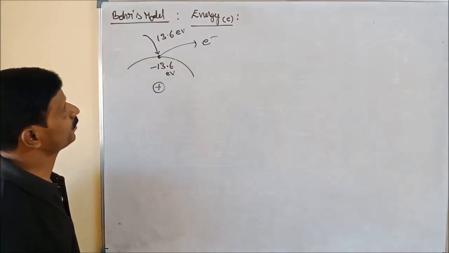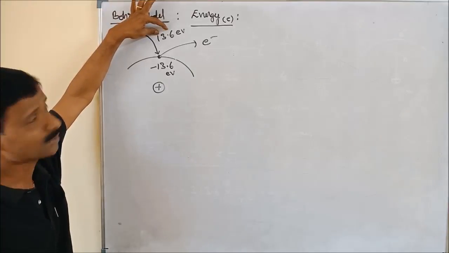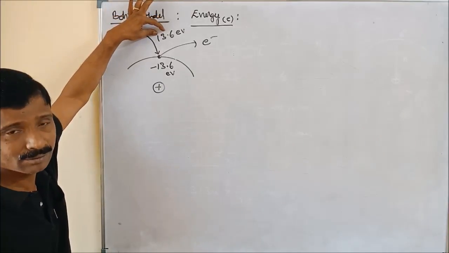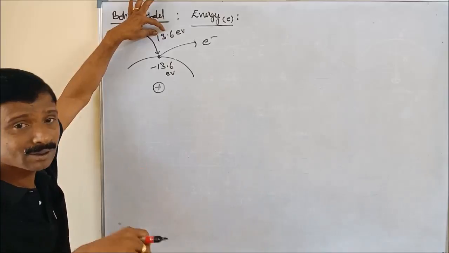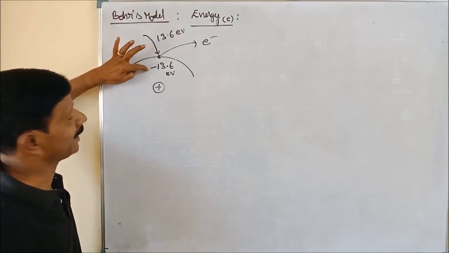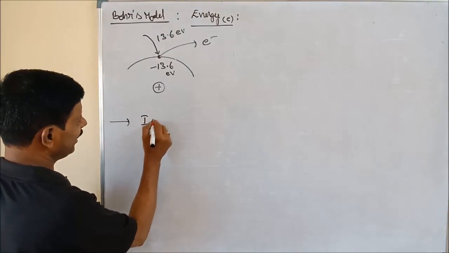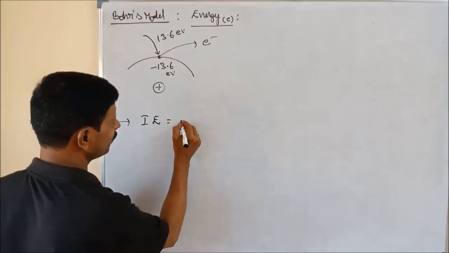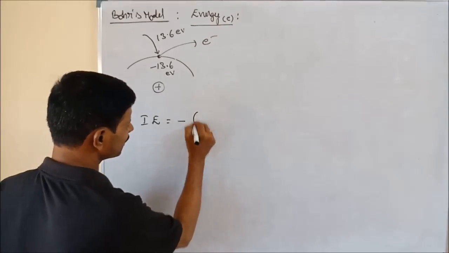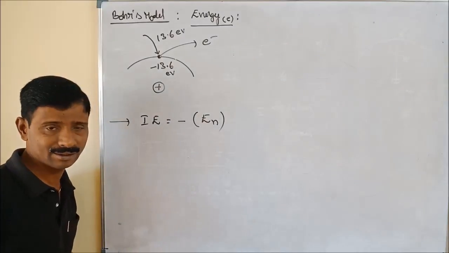So this is what we call ionization energy. Ionization energy is, in terms of magnitude, equal, but one has a positive sign and the other has a negative sign. As per that, in general, ionization energy equals minus energy of the electron.